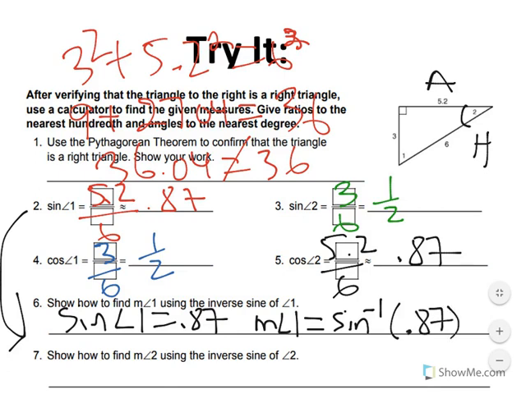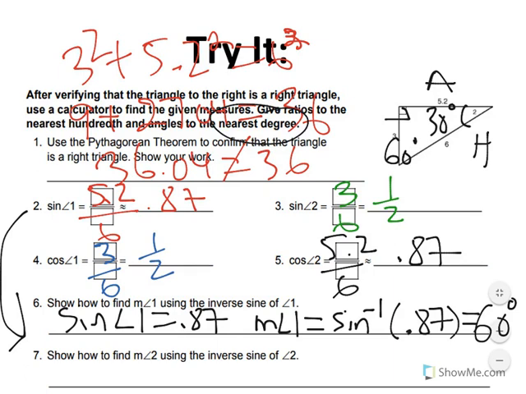Make sure that you use the shift or the second key on your calculator. Angle 1, rounded to the nearest degree, is approximately 60 degrees. Since it's a right triangle, if angle 1 is 60 degrees, angle 2 must be 30 degrees.